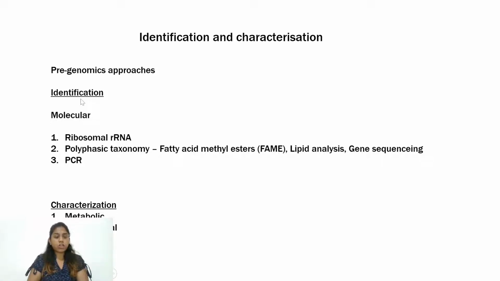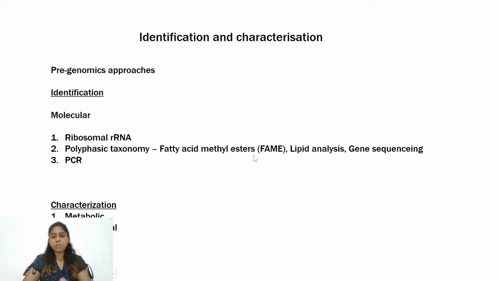Some of the molecular techniques include using ribosomal rRNA and polyphasic taxonomy. Polyphasic means this involves multiple phases or stages: morphological taxonomy, and gene sequencing based taxonomy, that is sequencing a single gene and then using that to classify the organisms. FAME means fatty acid methyl esters.